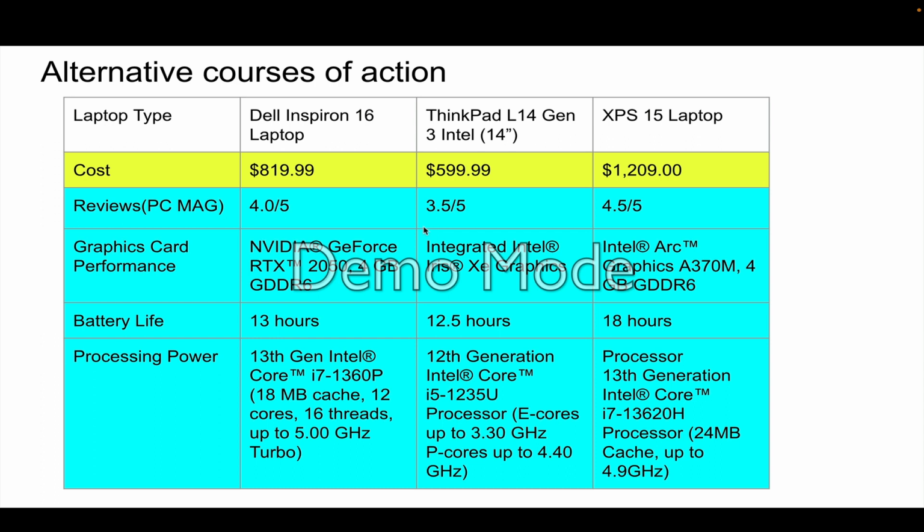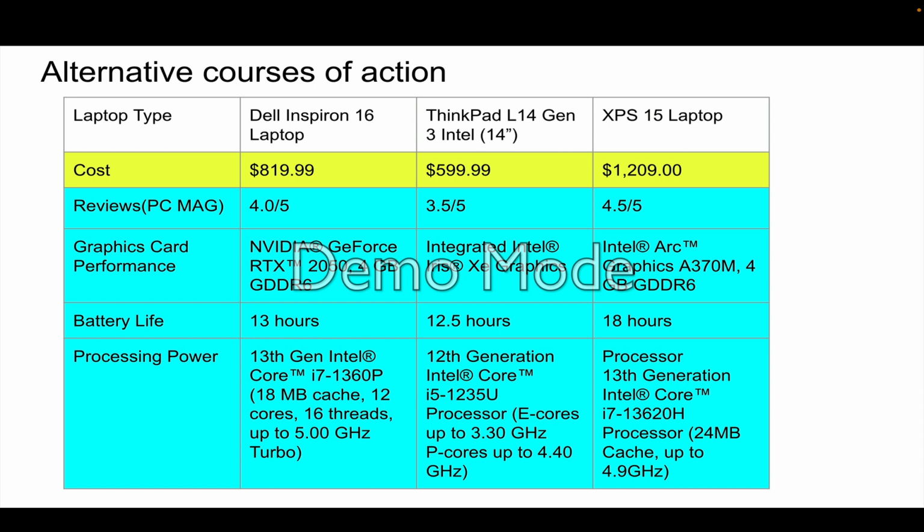And then I used the internet to search all these up, and I used their respective websites. Except for the reviews, I used PCMag so that they would be all from the same area and maybe lacking a bias.